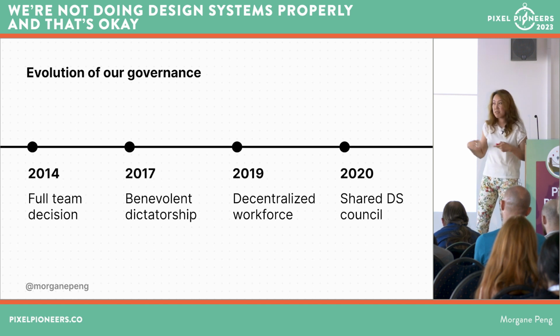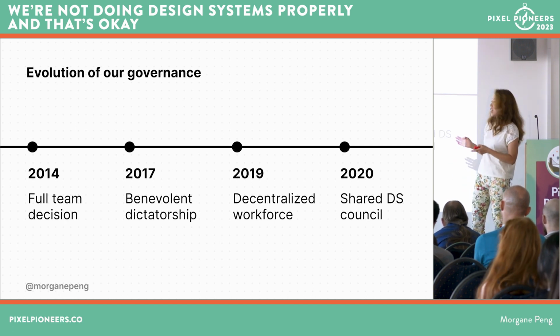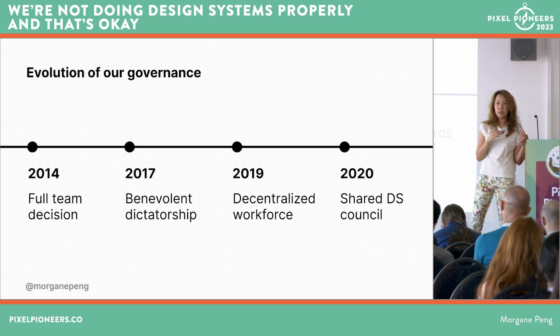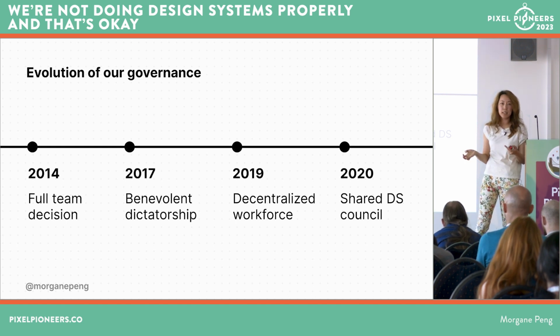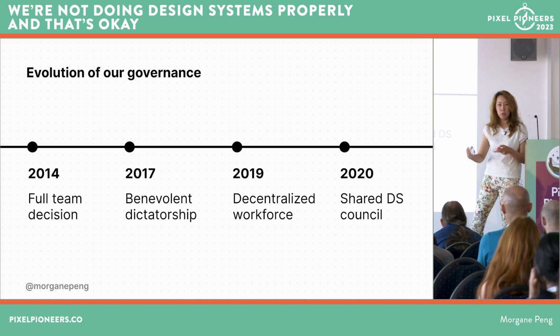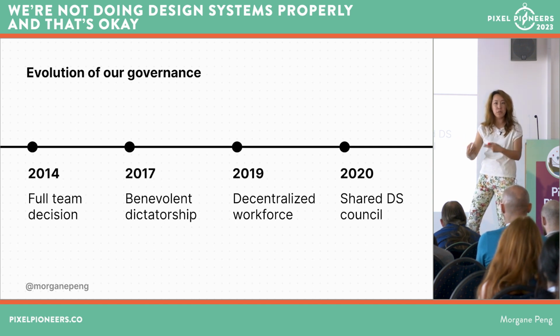And so today, and we're still on that setup, we have something that we call a shared design system council. And the idea is not to go back to a team setup because again, we wanted people to feel represented, but we have people who are part of the council, who are more in charge of making things move forward, and they have time allocated in the job description or at the job.